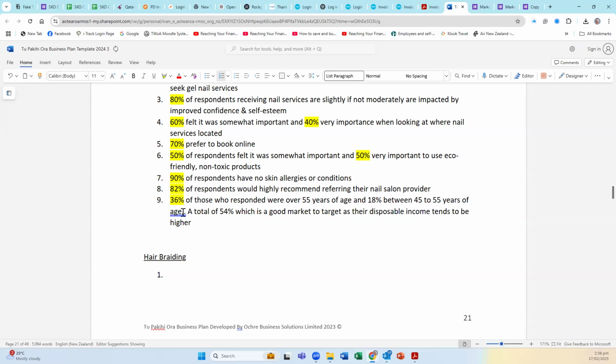The older age group tend to have a little bit more money to spend. And that's why we're going to be looking to target them, well, 54% of them are at least 45 and above. That's a good indication that if we focus on that age group in your area, because they're more likely to have more money to be able to come back to you month after month, that would be a good one to target.